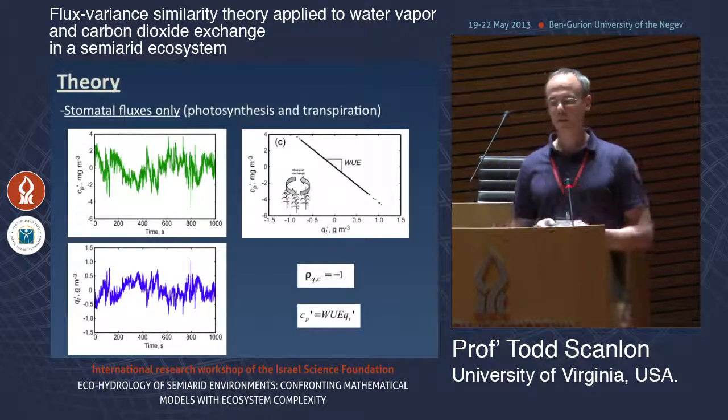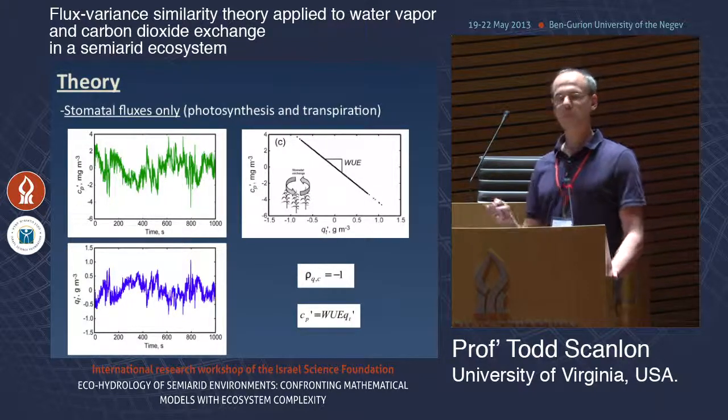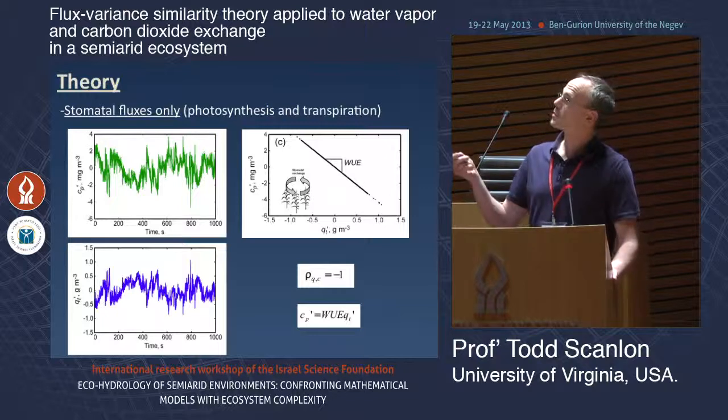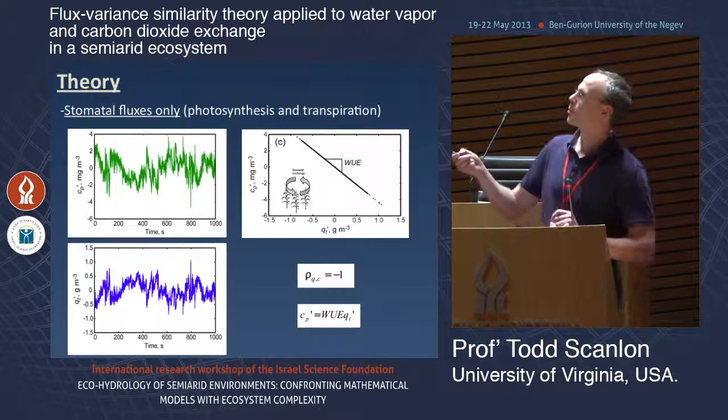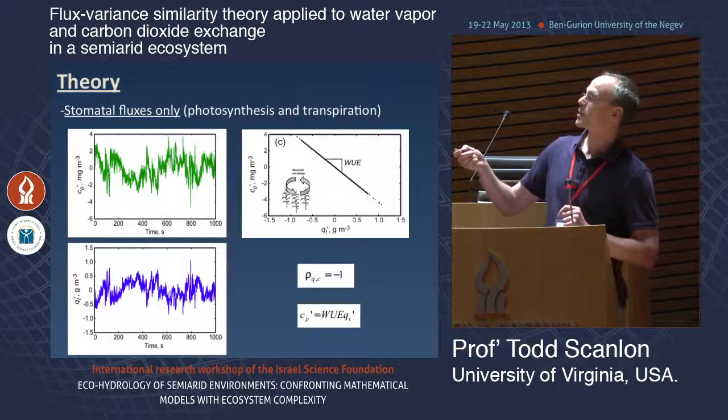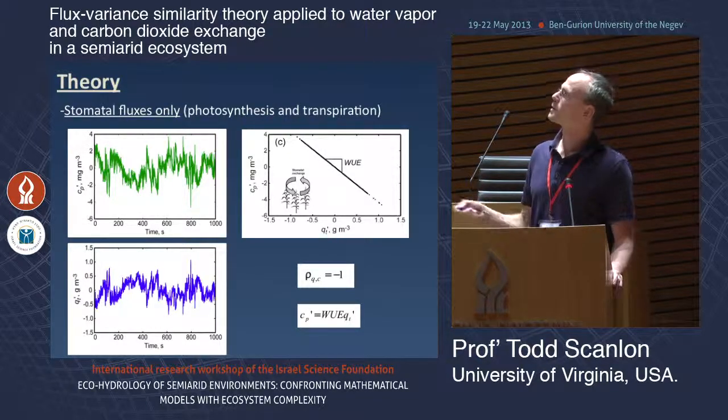This is just a thought experiment. So let's assume that we just have stomatal exchange going on. So we have CO2, we have photosynthesis, and we have transpiration going on. If we were to look at a time series of the CO2 concentrations measured above the canopy for, say, the course of 20 minutes or so, it might look like this. The water vapor concentrations that we measure would be a true mirror image of the CO2 concentrations.